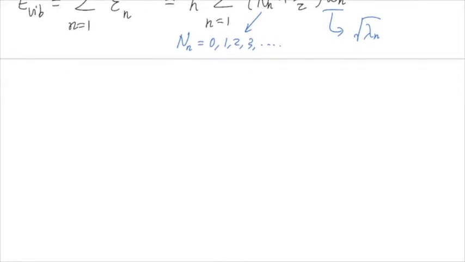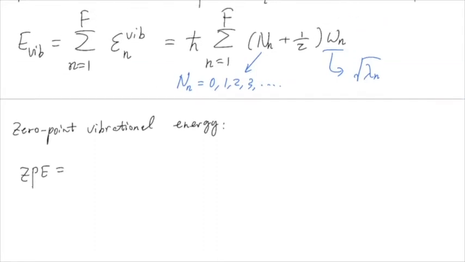So what is zero-point energy? Zero-point vibrational energy. The zero-point energy for the molecule, for the polyatomic molecule, is just the summation of the ground state vibrational energy for all the normal modes, right?